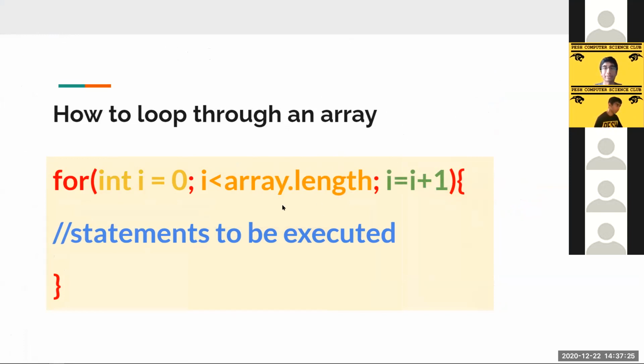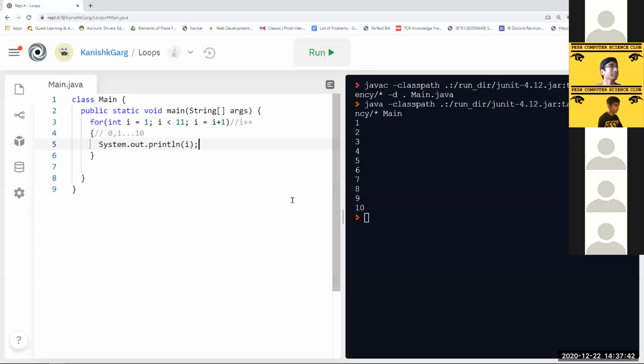And what array.length does is, array is the name of your array variable, and it will just return you the length of that array. So let me just show you this in Replit.